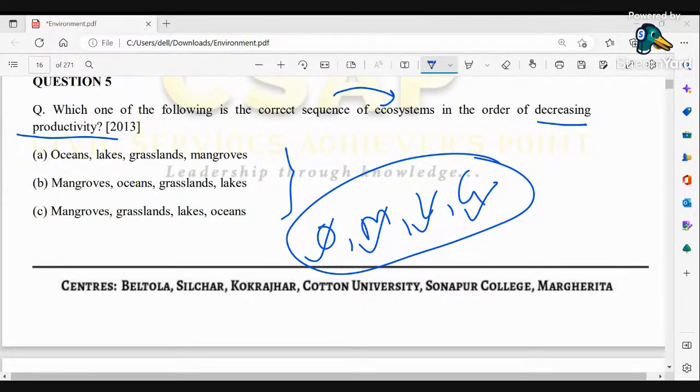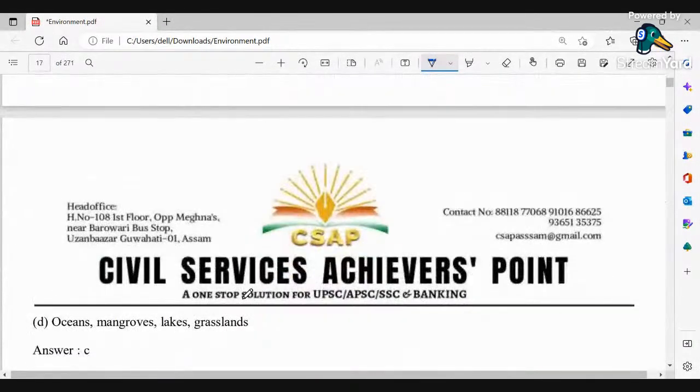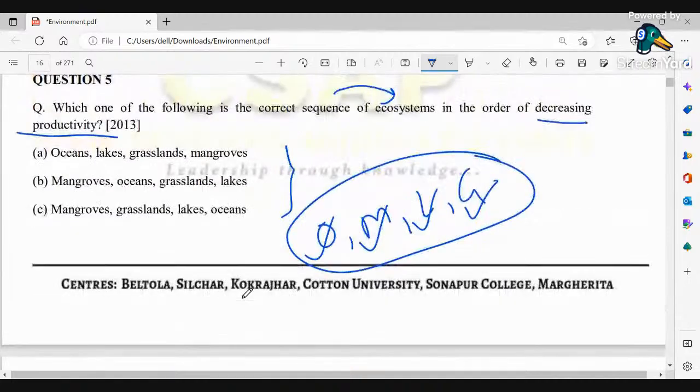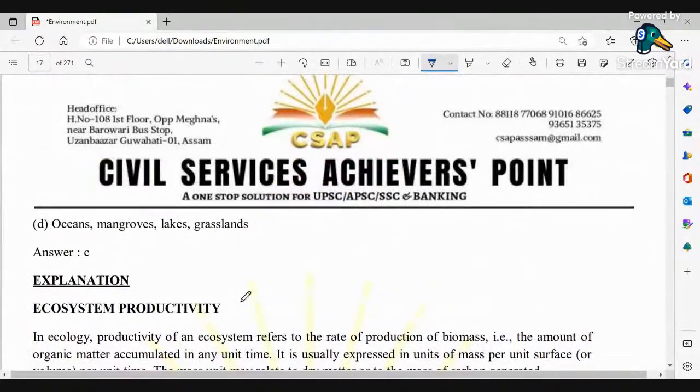A, B, C, or D. Option B says ocean, mangroves, lakes, and grasslands. Okay, so the correct option is C, that is mangroves, grasslands, lakes, and oceans. Okay. Coming to the next question.